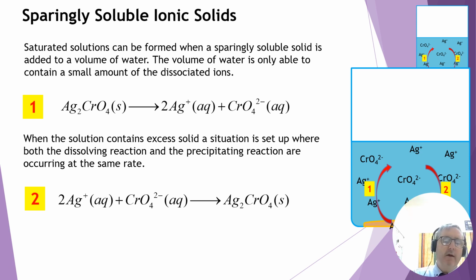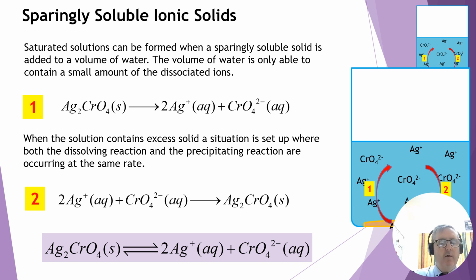Now we draw an equation for this, and our equation looks like this. The silver chromate breaks apart, goes to 2 silver ions plus a chromate ion, and notice it's at equilibrium, so it's got a special type of arrow, one that goes forwards and backwards.